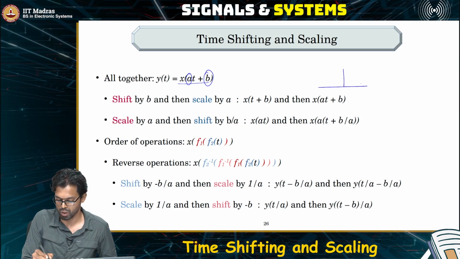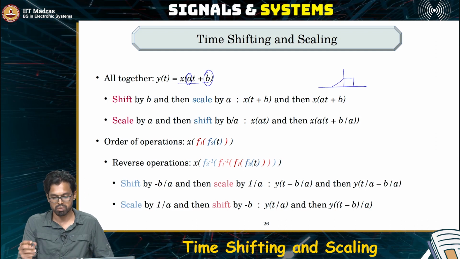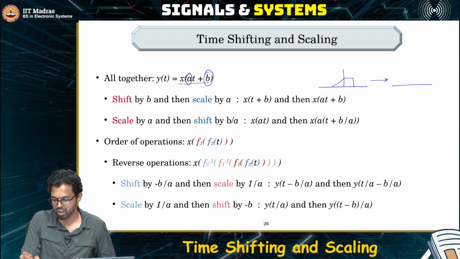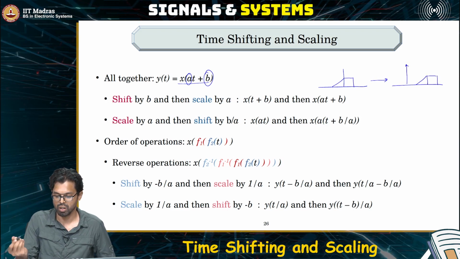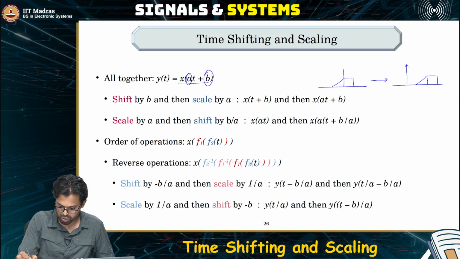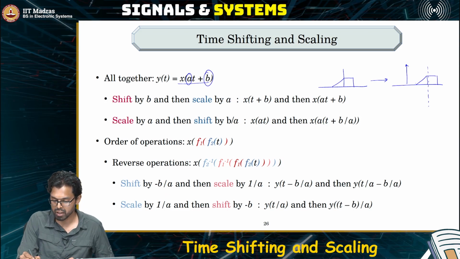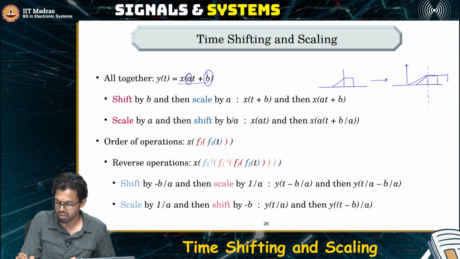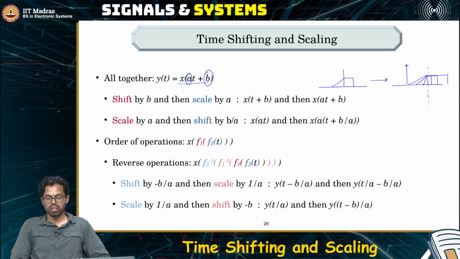So if you have a signal, let's say, that looks like this, you first shift it. The first operation would be to just change the origin. Once you change the origin, about this changed origin point, you either expand it or compress it depending upon what the value of a is.